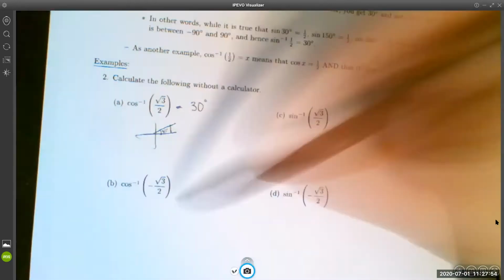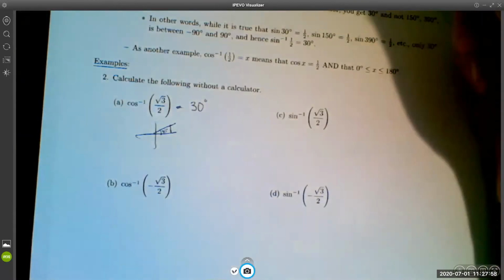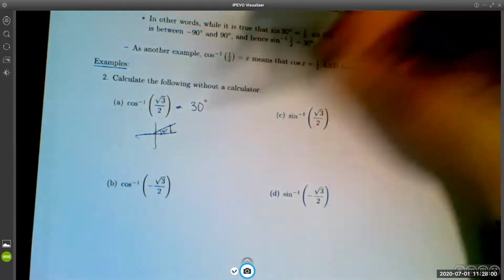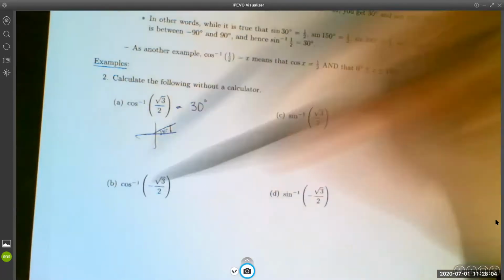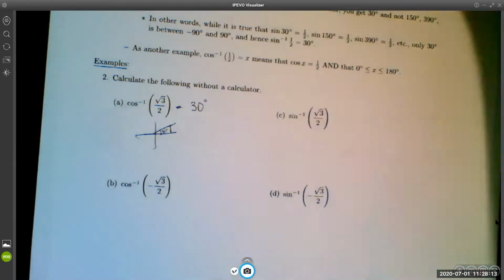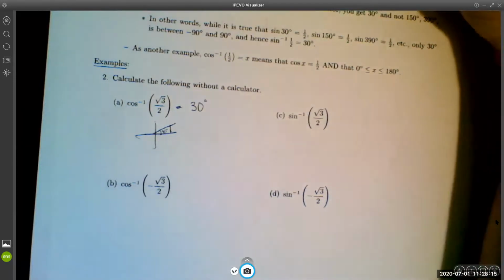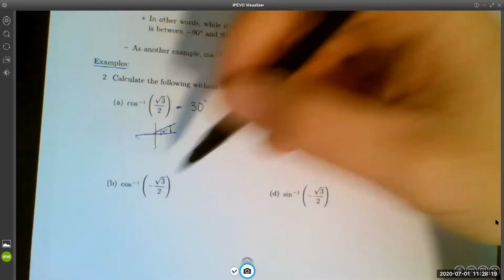Cosine inverse of negative √3/2. Now this has to be an angle between 0 and 180 such that cosine of that angle is negative √3/2. So cosine, in order to get a negative value, you're going to have to be in quadrant 2 or quadrant 3, but you're restricted so that theta has to be between 0 and 180. So you know you're not in quadrant 3, so you must be in quadrant 2.